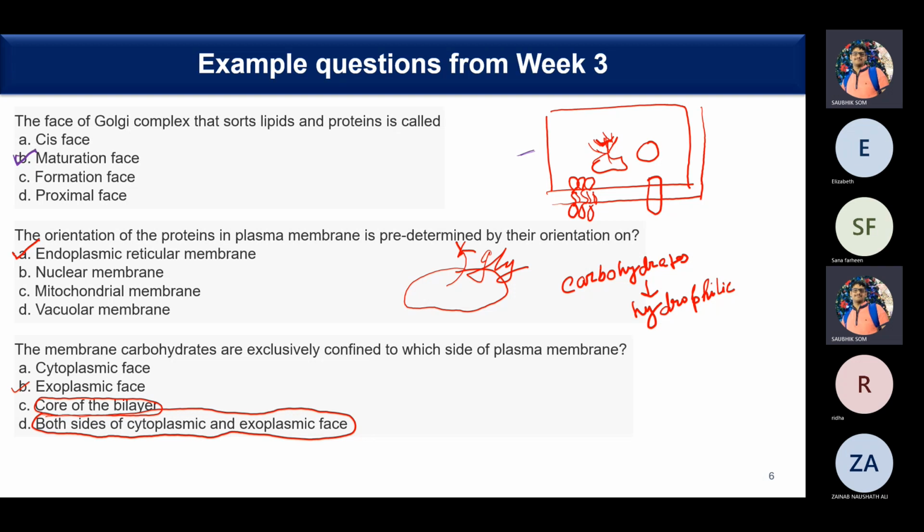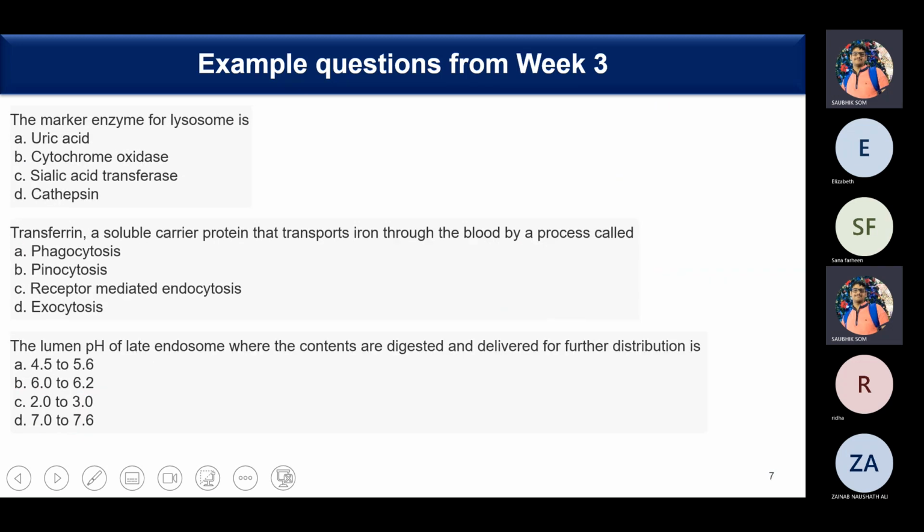When it goes and fuses with the vesicle, it will actually be in the exoplasmic state. So this you have to remember.